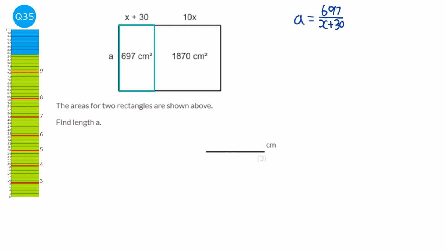Now let's focus on the other rectangle. This time we have A equal to the area of it, which is 1870, divided by the 10x. Now because both of these are equal to A, we can get both of these fractions equal to each other.